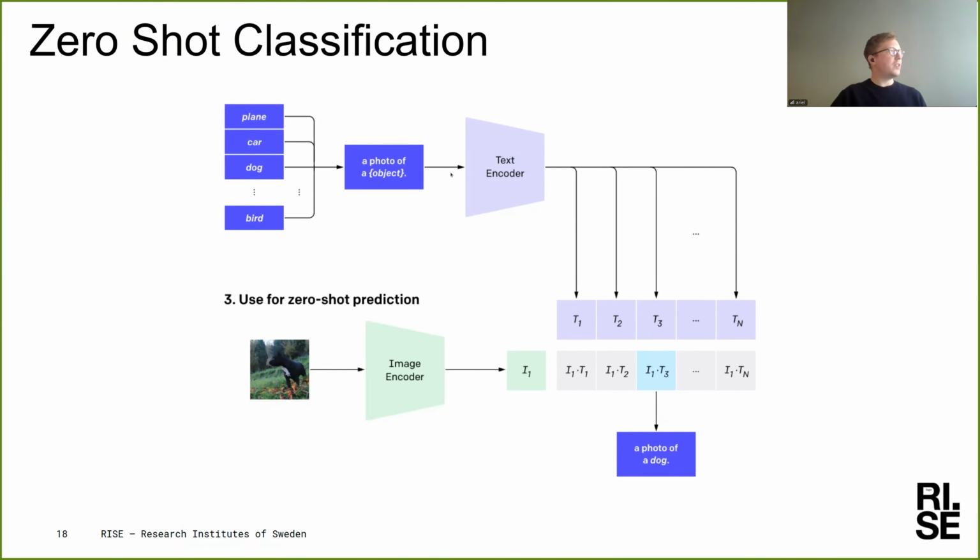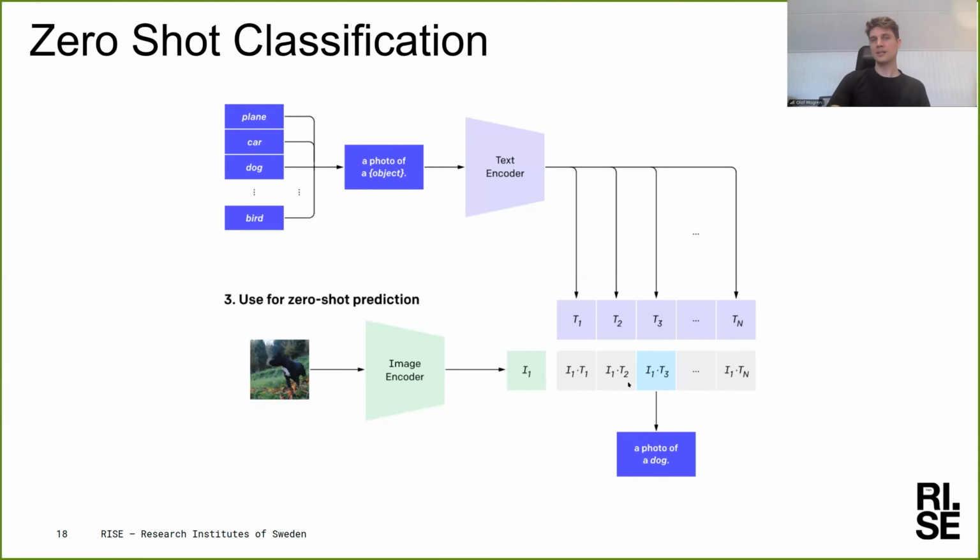Here they have a suggestion in the image, where you have a kind of prompt with the text, a photo of object, and then you can insert objects such as plane, car, dog, and bird. And then you encode a photo of a plane, a photo of a car, a photo of a dog as texts. And then when you input this image of a dog, you just compare it to each of these texts and see where it gets the highest score.